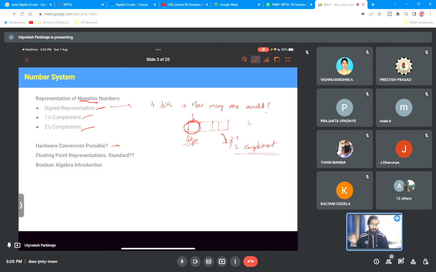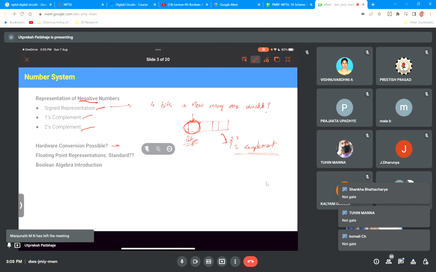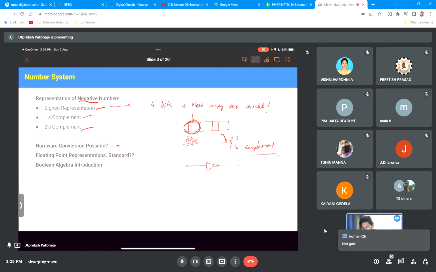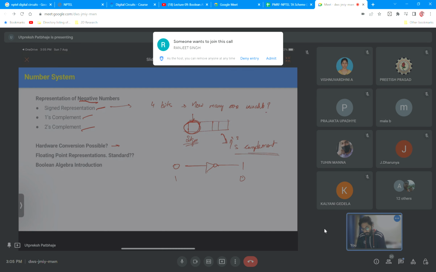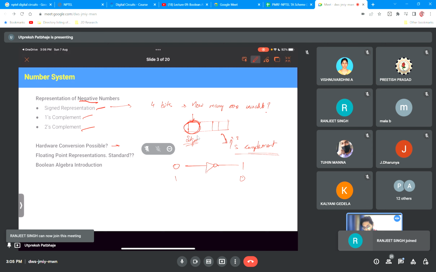Just a quick answer. NOT gate, yeah, true. A NOT gate or an inverter is denoted by this sign. Whatever input you give to it, it will give the output opposite of it. One's complement is nothing but flipping of the bits, so that is very well done by using this NOT gate directly.